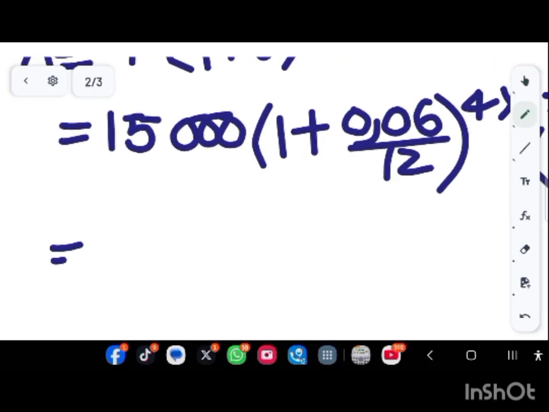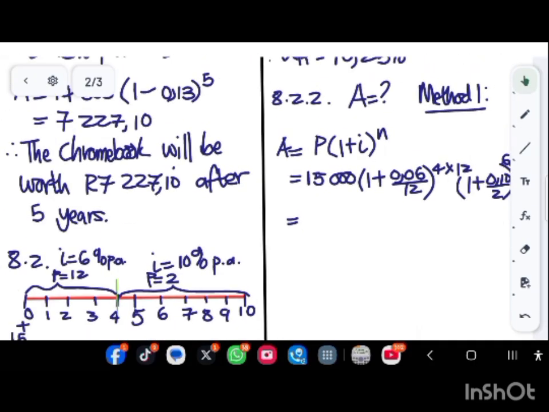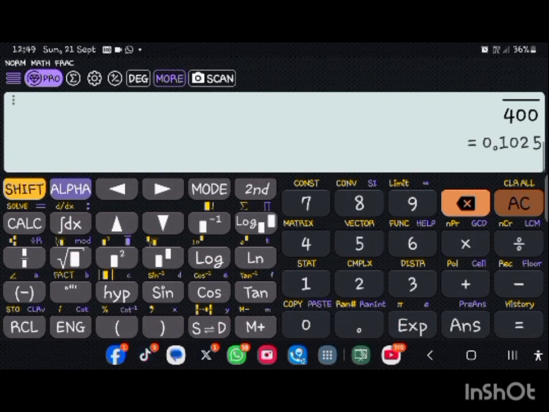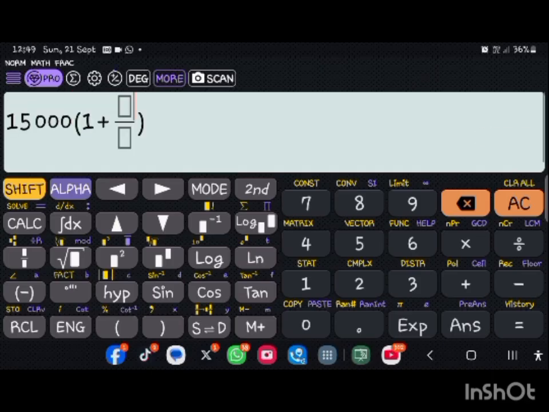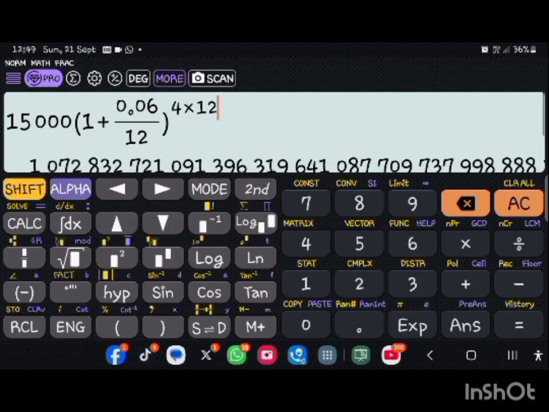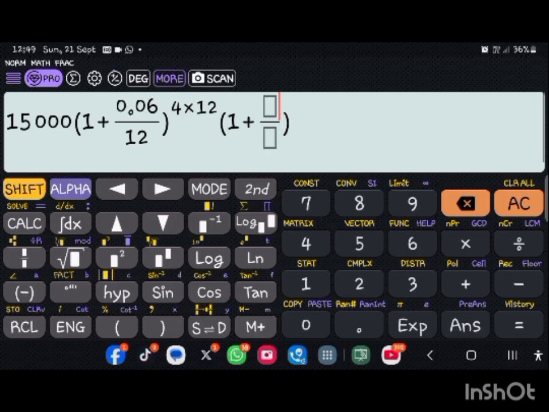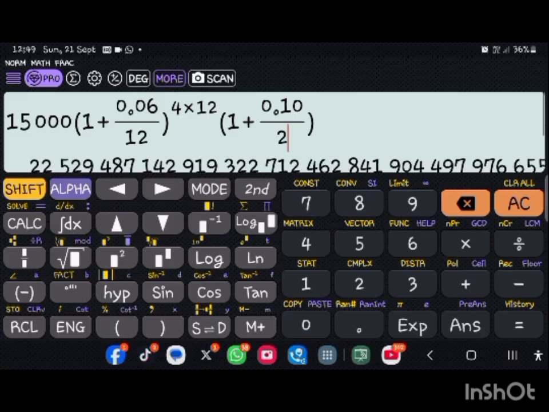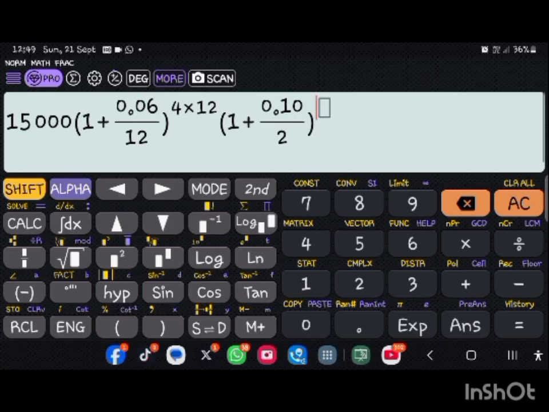Now we take a calculator, so we go 15,000, in bracket 1 plus common fraction button 0.06, downward arrow 12, right arrow, x to the power of box, and that is 4 times 12, right arrow, open bracket 1 plus common fraction button 0.10, downward arrow 2 to compound it twice, right arrow, x to the power of box.